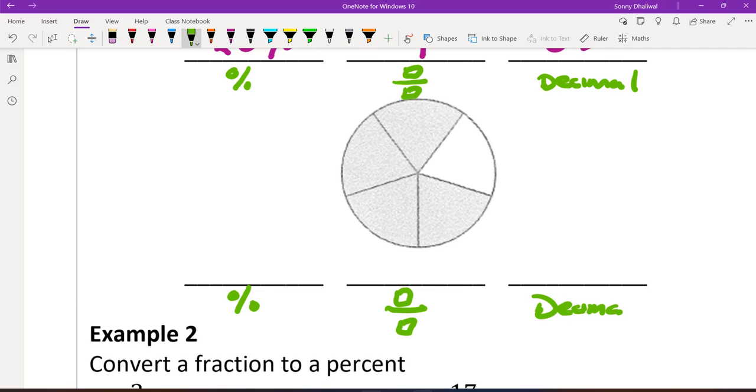I write these down in this order, but that doesn't mean you have to figure them out in that order. I just wrote them down randomly. Do the one that's easiest first. Which one's the easiest to figure out? The fraction, because how many do we have shaded out of the total? 1, 2, 3, 4. So 4 out of 5.